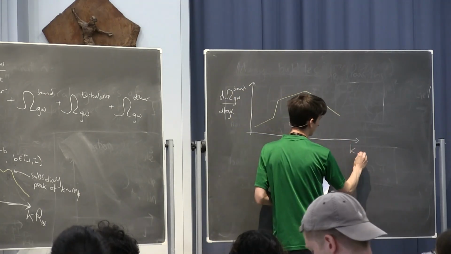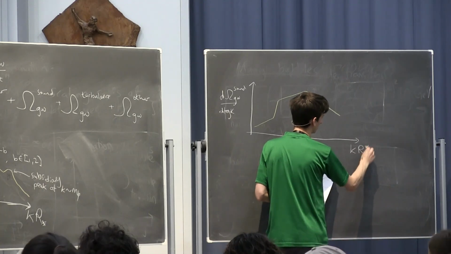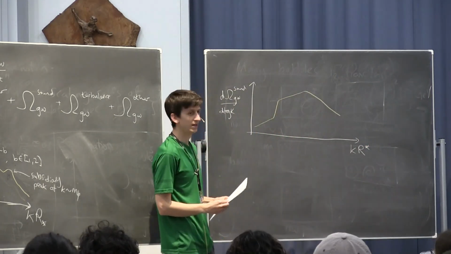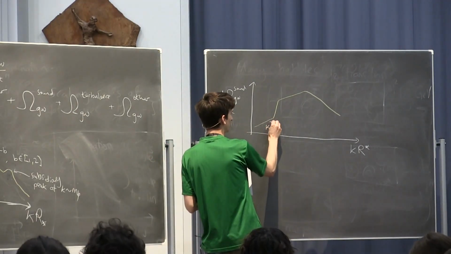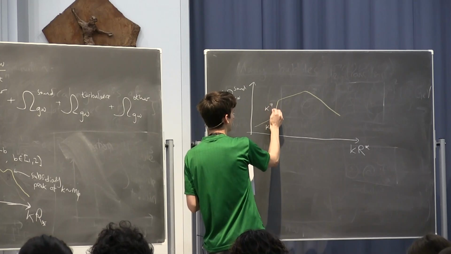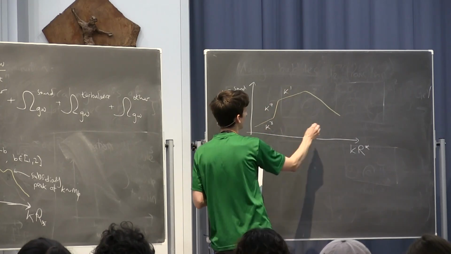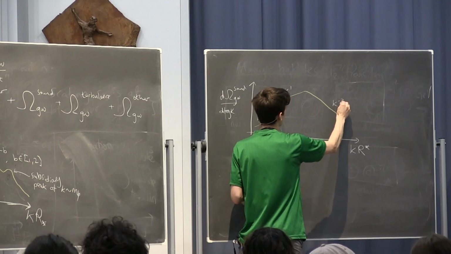Measured in the same way, k R star. And you get a bunch of broken power laws. There's k cubed at the bottom, then it seems to grow like k to the 9, then like k to the 1, and k to the minus 3 in the end.